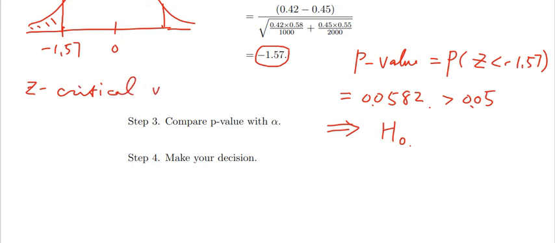How can we find this critical value? We check the Z table. What we want to find is the cut point such that the tail area is 0.05. This number is the critical value.